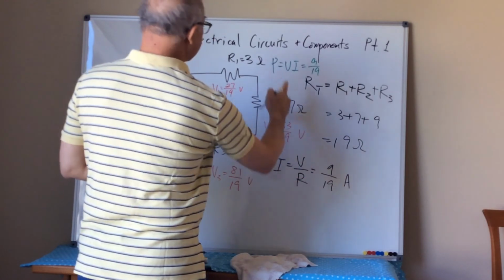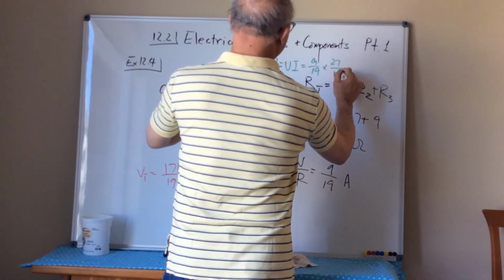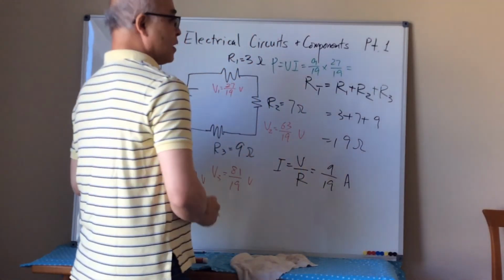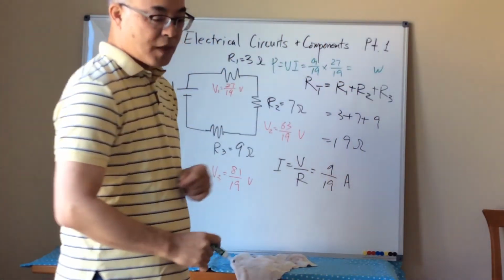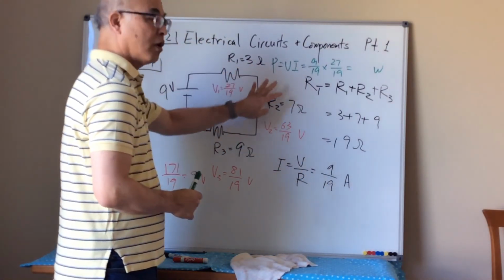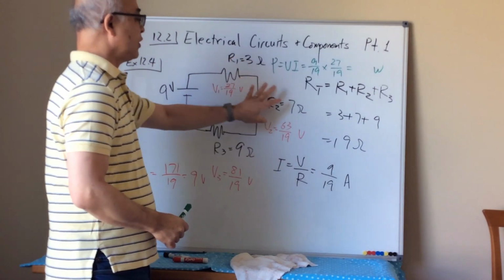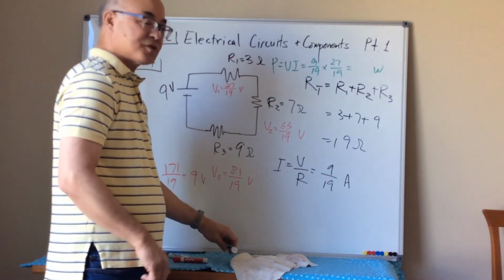This is the I times the V is right here, 27 over 19. And whatever you get there is going to be how many watts, right? Okay, right? And you can do that. You can actually calculate the power consumed on each separate component. Okay? All right, we'll stop right here today.